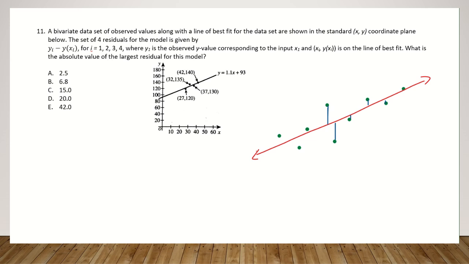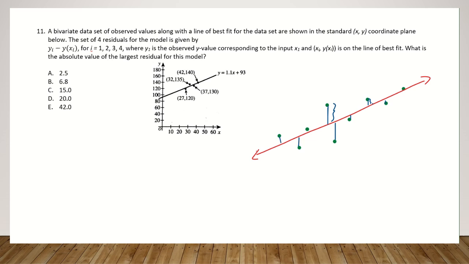So points that are further away are going to have a larger residual, and points that are really close are going to have a smaller residual, right? Calculating the residuals can give us an idea of how accurate our line of best fit is, right? You want those residuals to be pretty small so that your line of best fit matches really well, all right?